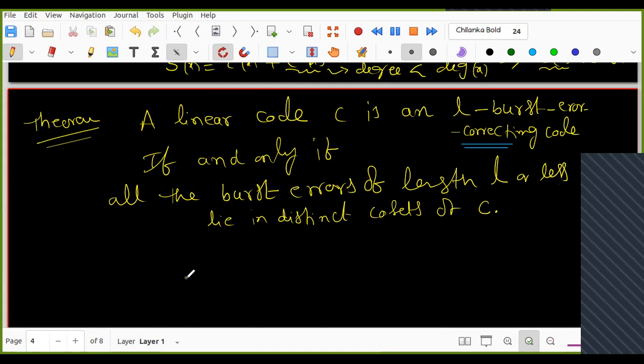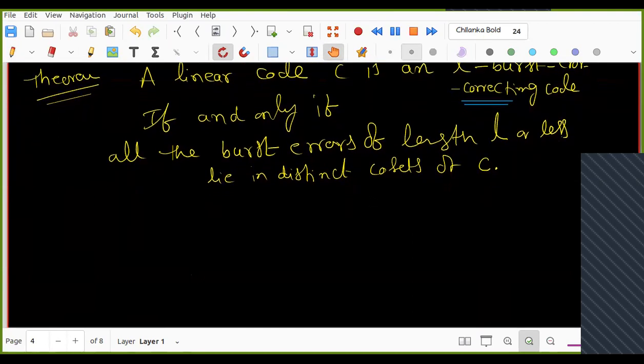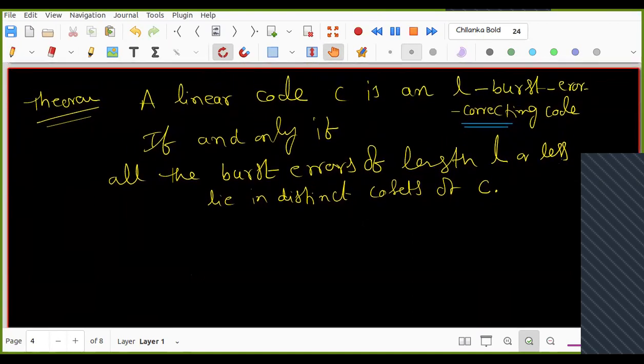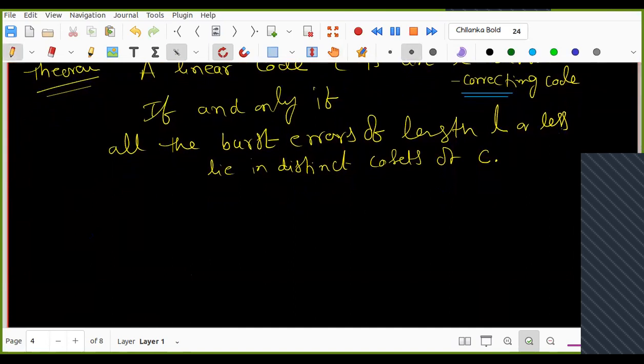B1 and B2 both can be decoded to the 0 code word or C code word. Different, right? Yeah, this is one of the theorems. And the other theorem, first let me state, then we'll try to see the proofs, okay?